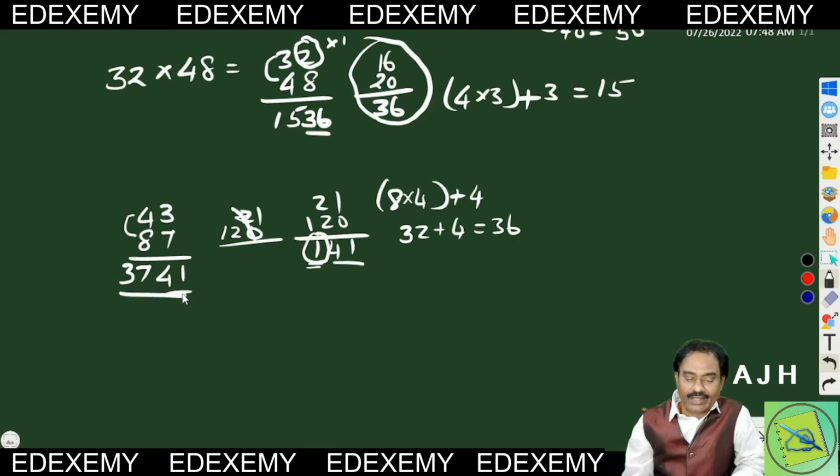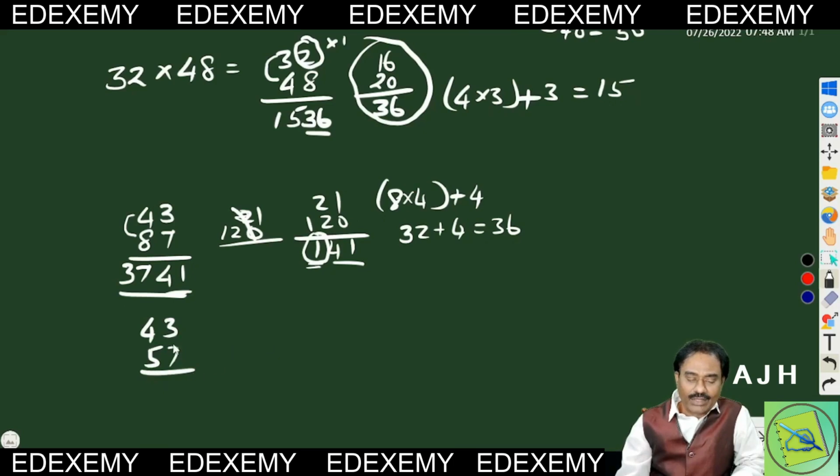So 3741 is the answer. Don't forget to add the carry forward number. So 8 into 4 plus 4 is equal to 36, and the carry forward 1 you add, 37. 3741 is the answer.